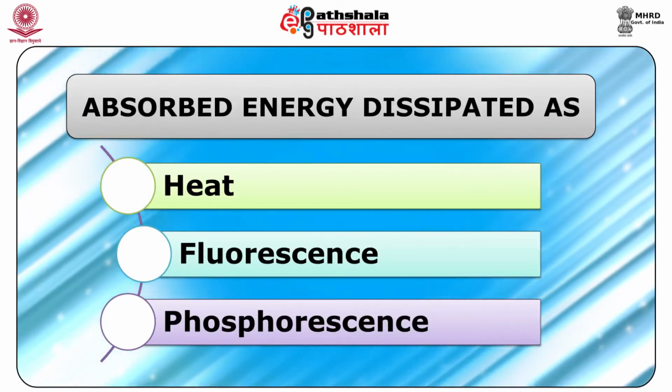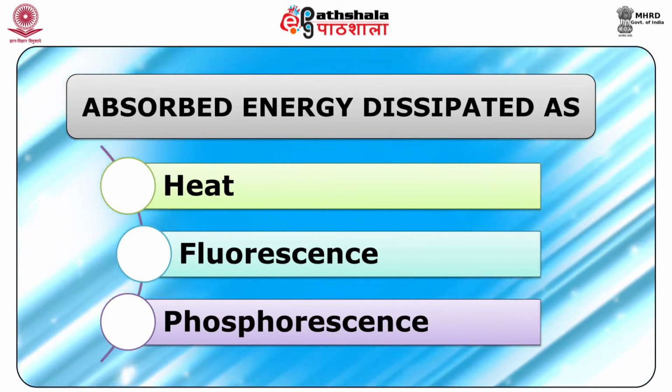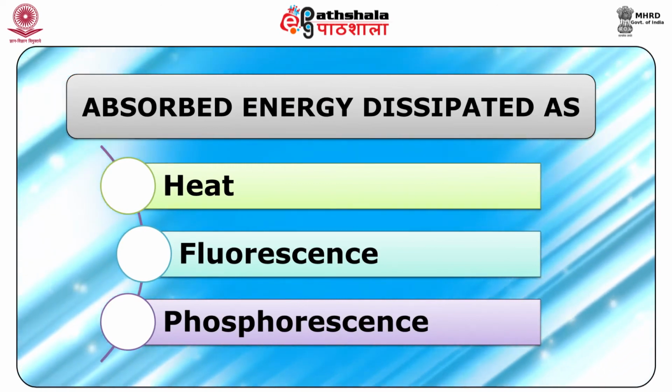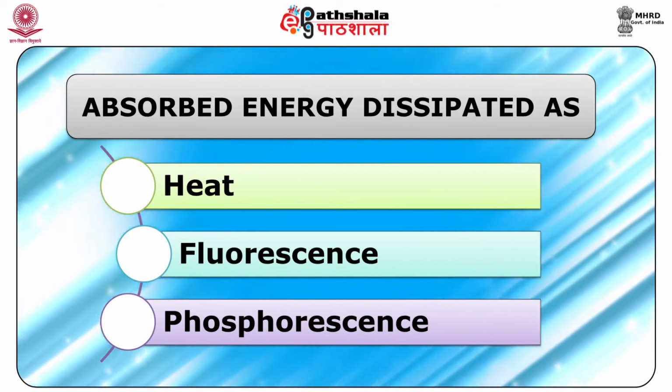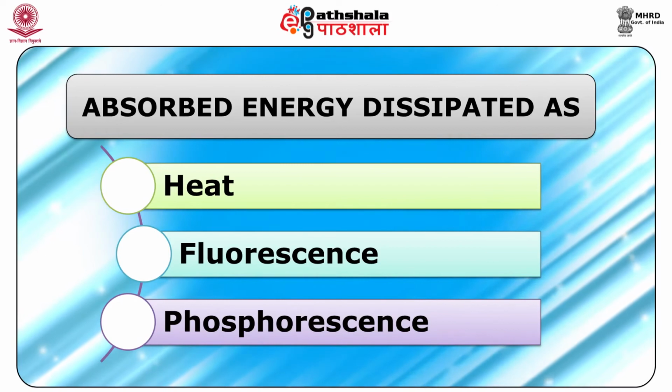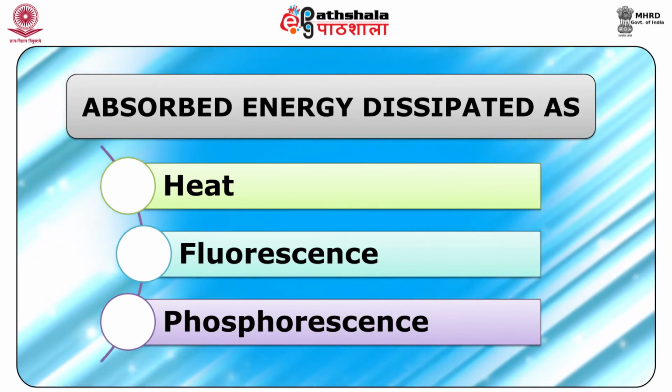The absorbed energy is either harmlessly dissipated as heat, fluorescence, or phosphorescence, or causes chemical reactions to occur that modify the chemical structure of the fiber.